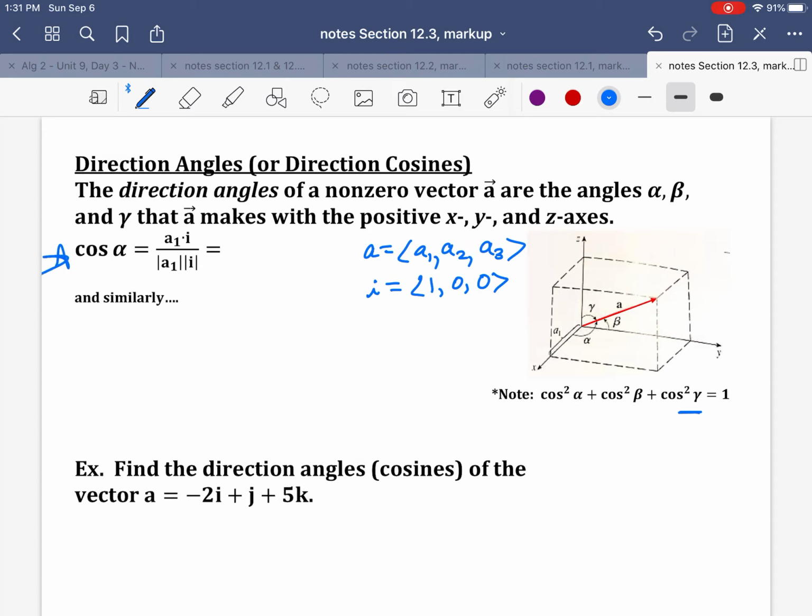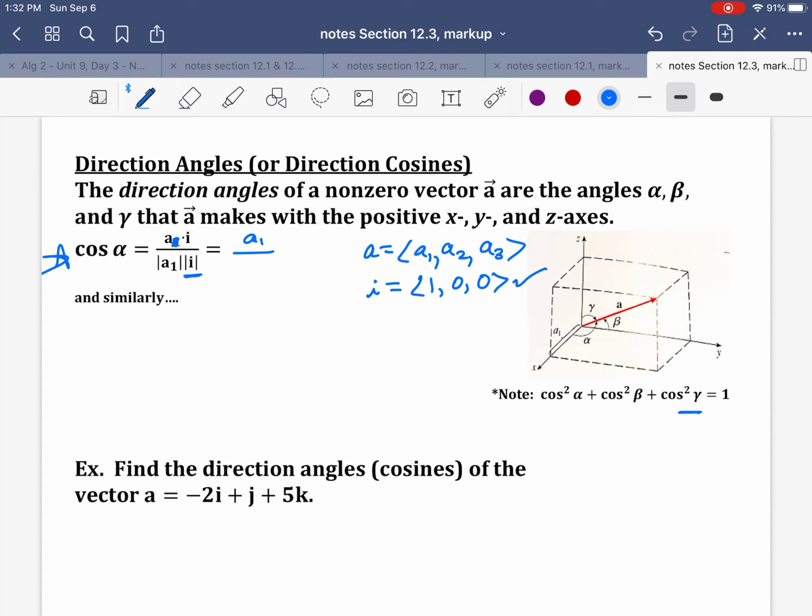All right, so let's look at this guy right here. Here's my formula, kind of like before. So I'm going to dot vector A with i, and look what happens. This creates a 1, but these two just cancel out. So this just becomes A1, the first part of my vector.